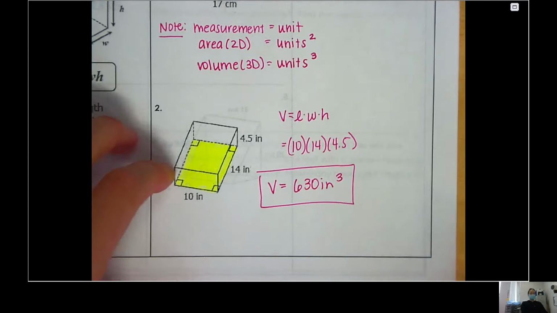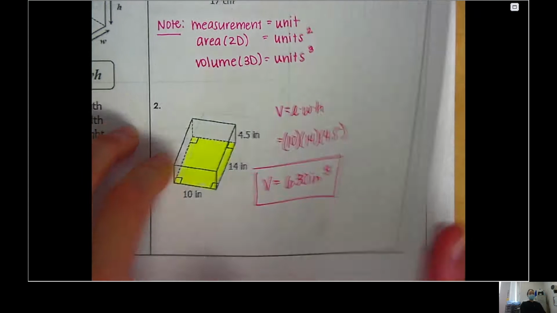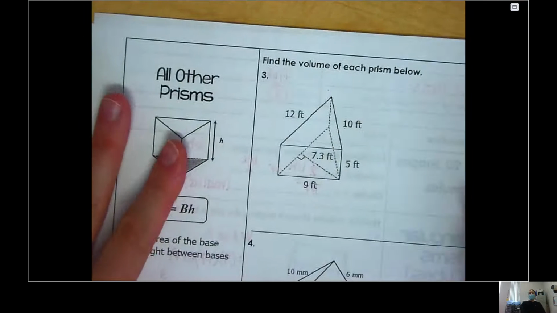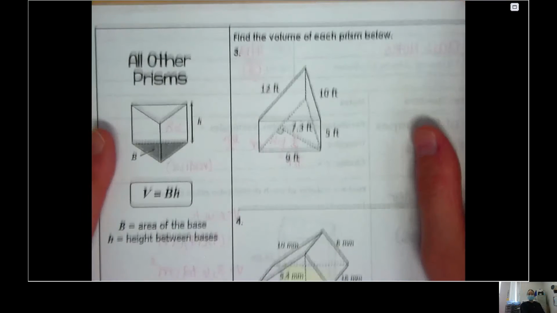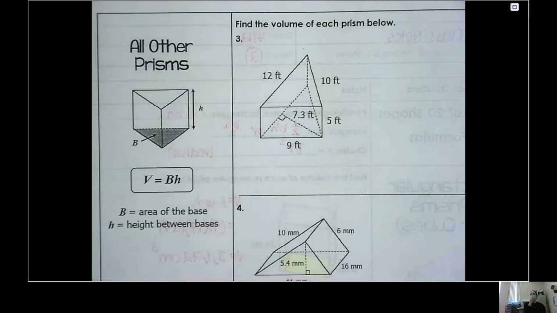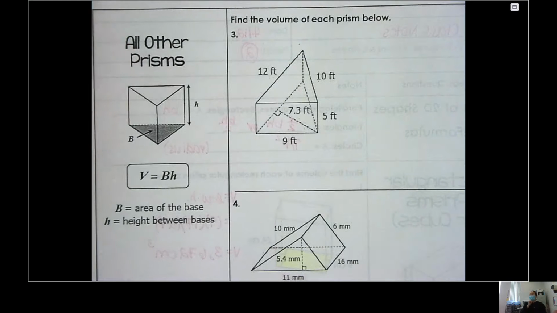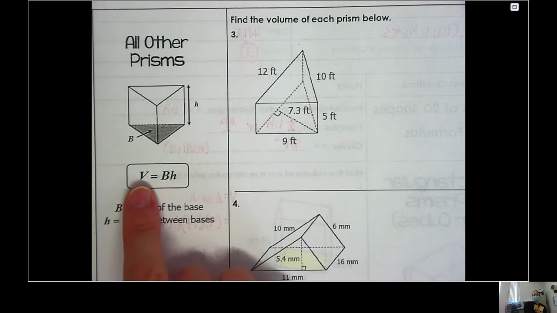Prisms, easy stuff. Next type of prism. So for a rectangle or for a cube, my formula is length times width times height. For all other prisms, so that means a prism with a triangle as the base, a prism with a hexagon as the base, every other type of prism has this formula here.